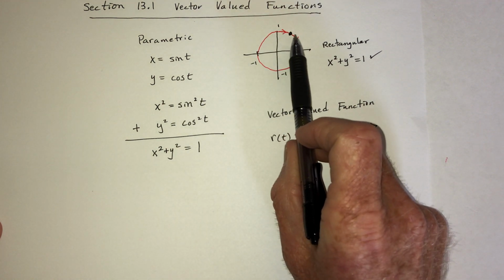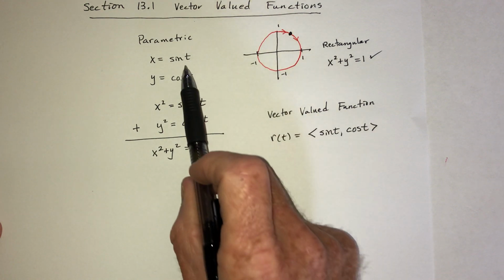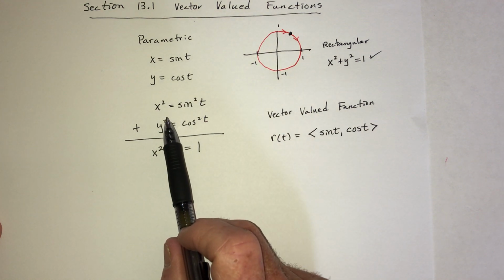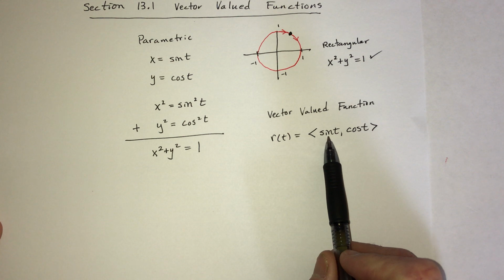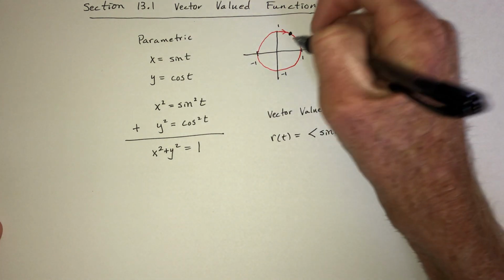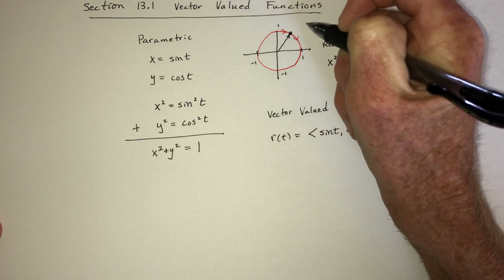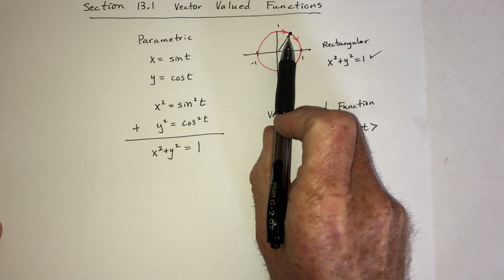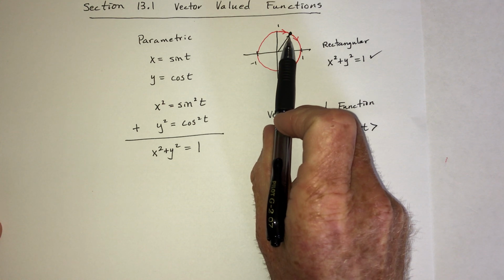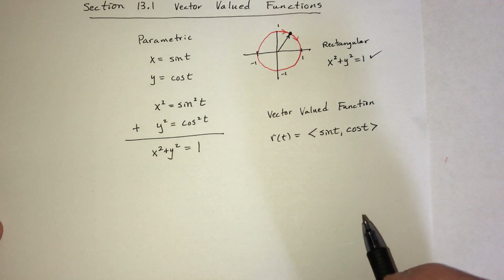So as time passes, this thing went around the circle in this direction. So with parametric, you have a little more information. Then with the vector valued function, you not only have that parametric information, but you don't see the vector pointing to it, but it's basically a vector pointing to it and says, I see the point, it's right there on that circle. So you even have a little bit more information.